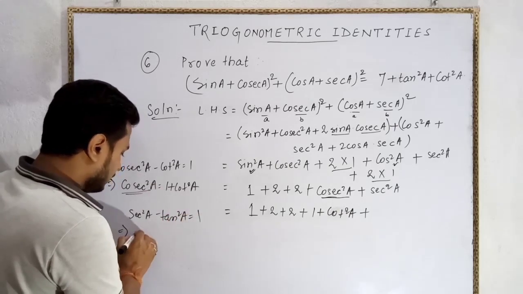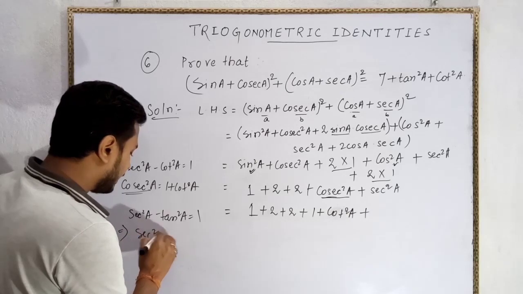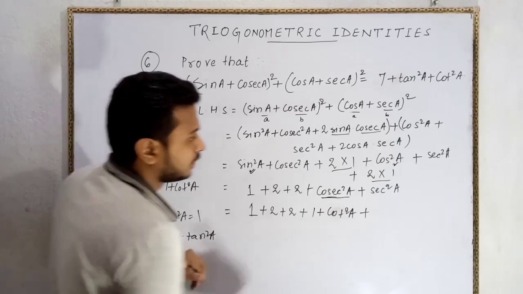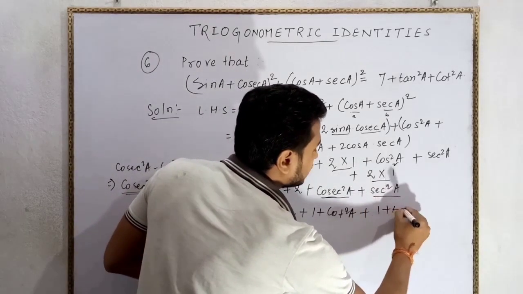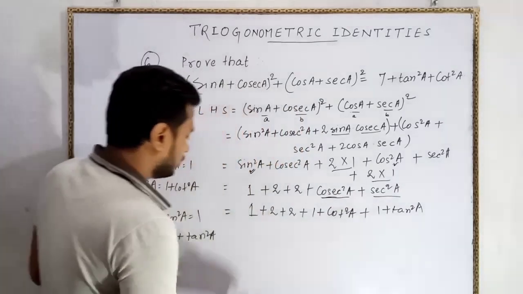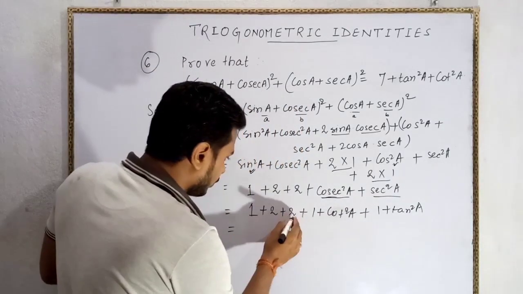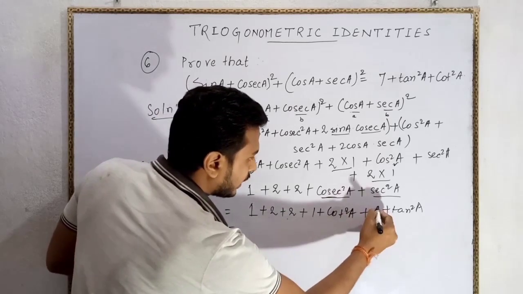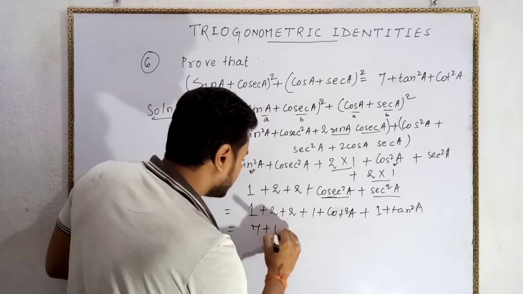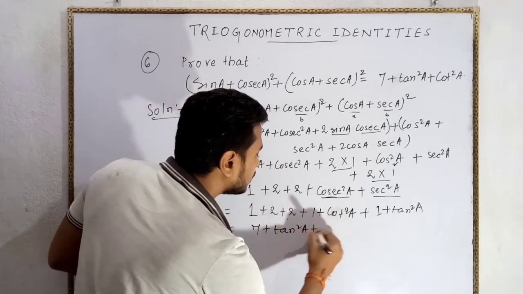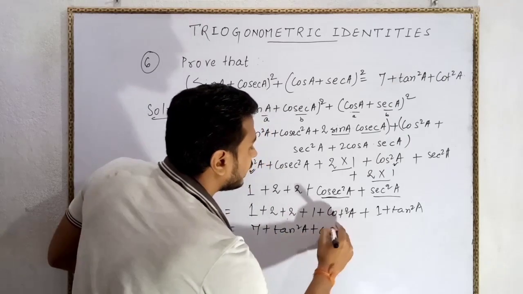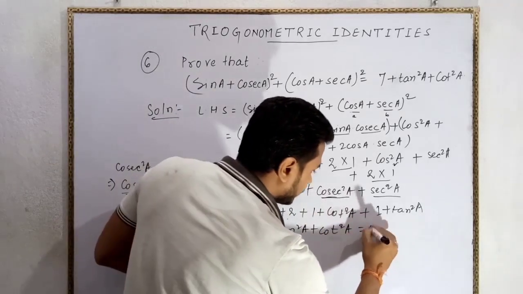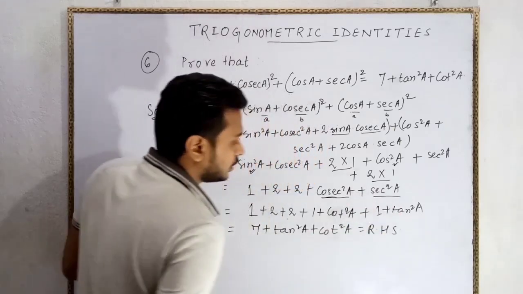Then we may write sec square A as 1 plus tan square A. Now add the sum: 2 plus 2 is 4, plus 1 is 5, plus 1 is 6, plus 1 is 7. So 7 plus tan square A plus cot square A. In this way, we got LHS equal to RHS, and hence proved.